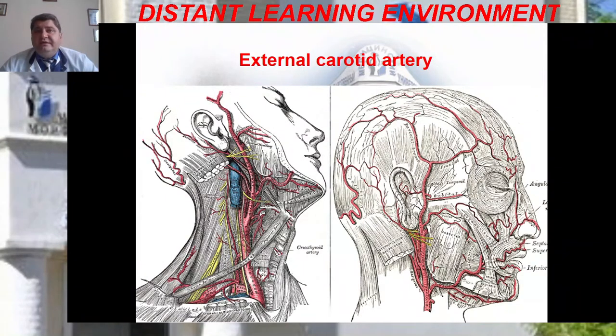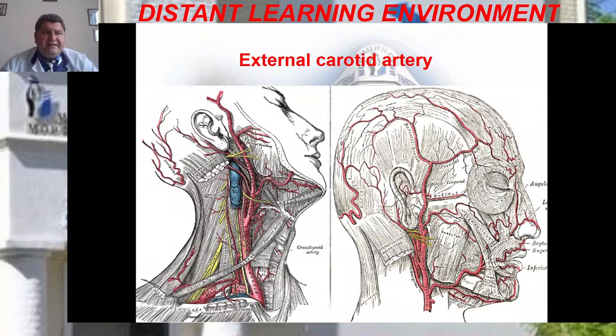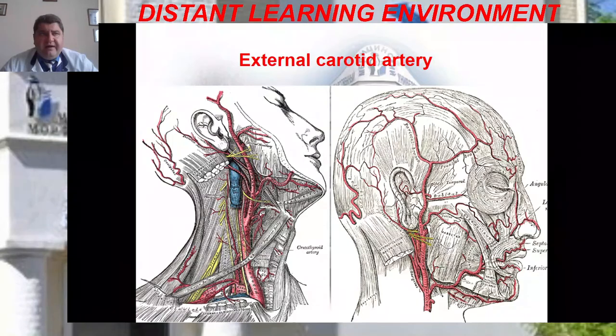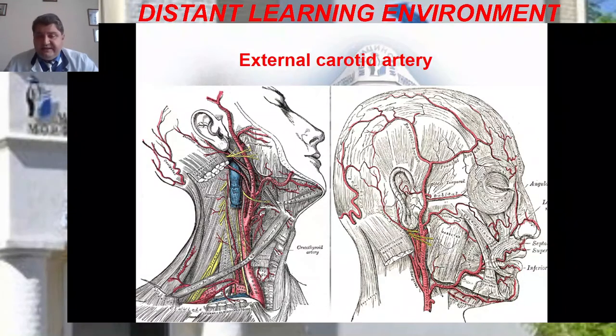It's named the ascending palatine branch, or in Latin arteria palatina ascendens, to supply blood to the palatine tonsils. And next it goes to the face region over the mandible, and you may feel the pulsation of this artery here in front of the masseter muscle insertion.